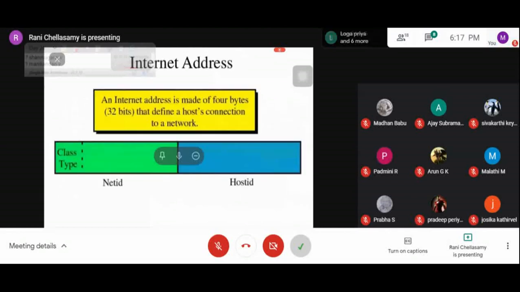Here you can see clearly in the picture that an internet address or IP address is made up of 4 bytes, so it occupies a 32-bit IP address, which defines the host connection to a network. The first part specifies the network portion, the net ID, and the second part specifies the host machine, the host ID.